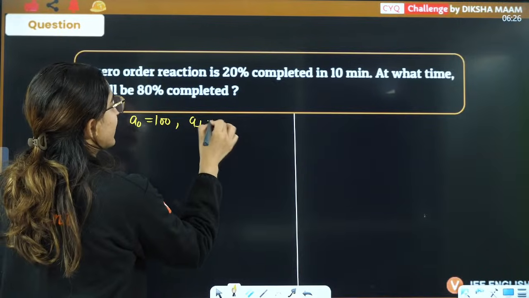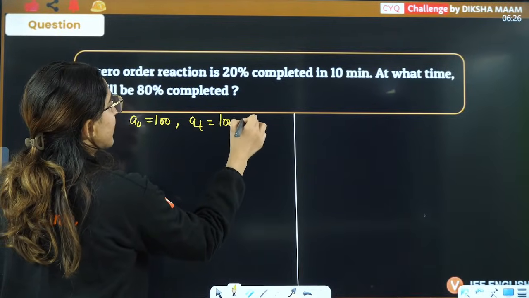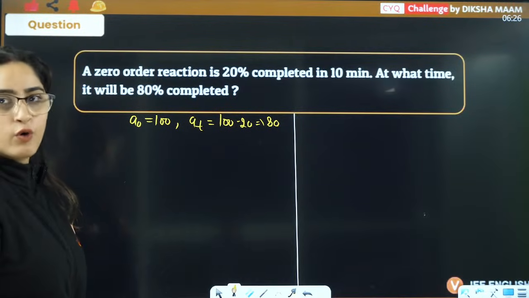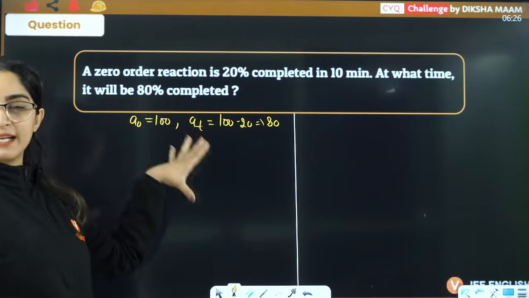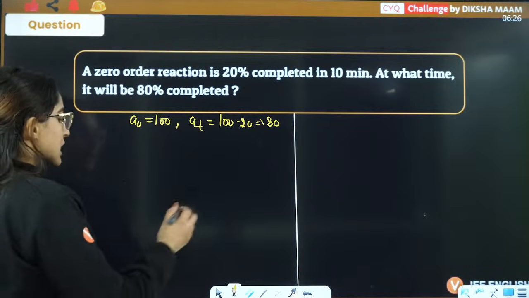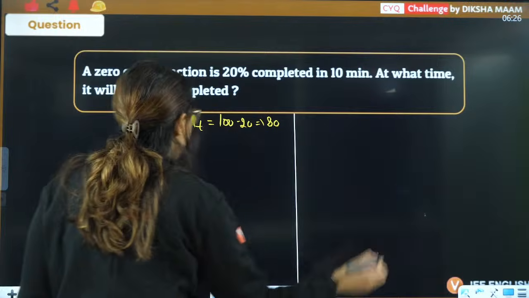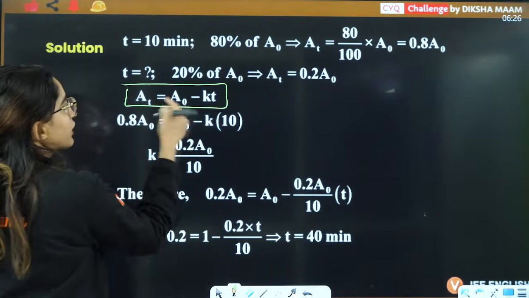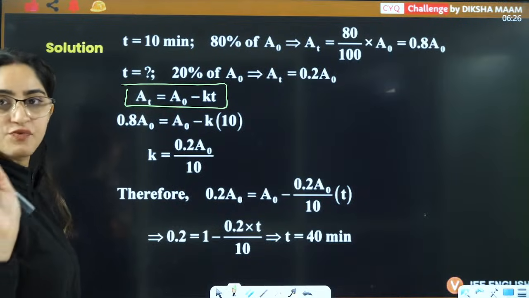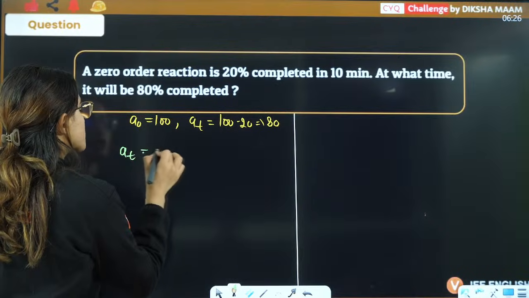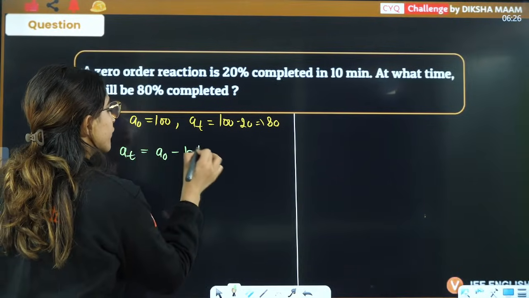And 20% completed means 100 minus 20, that means 80 will be left behind. Always when percentage is given, initial is going to be 100. Now the formula is 80 equals A naught minus kt. This is for a zero order reaction.